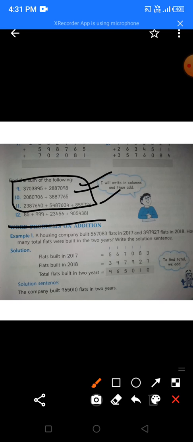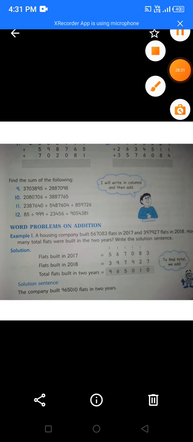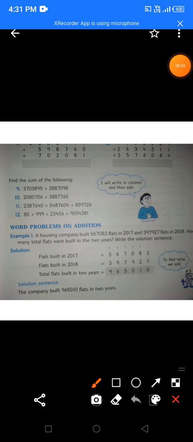So now we will just look at question number 12. Okay. Now look here children. How will you write this number? The first number is 85. Then you have 99. Yes. Then you have 23,456.